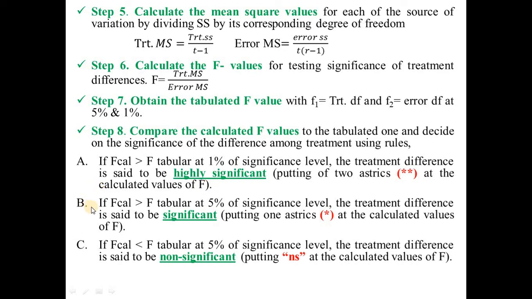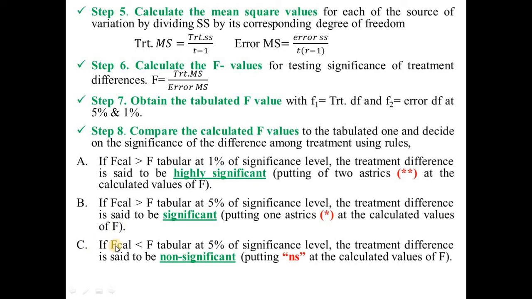And the second rule is if the F calculated value is greater than the tabular F value at the 5% level of significance, the treatment difference is said to be significant, and you put one asterisk at the calculated value of F in the ANOVA table.